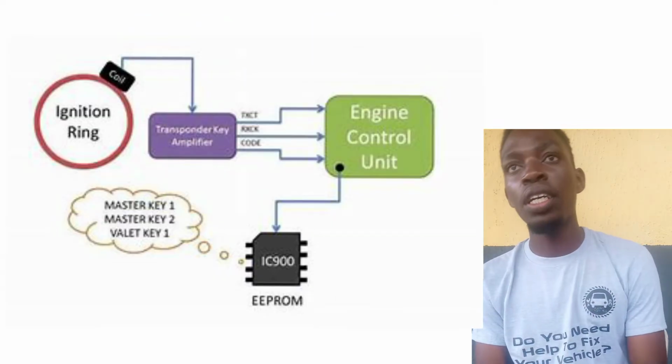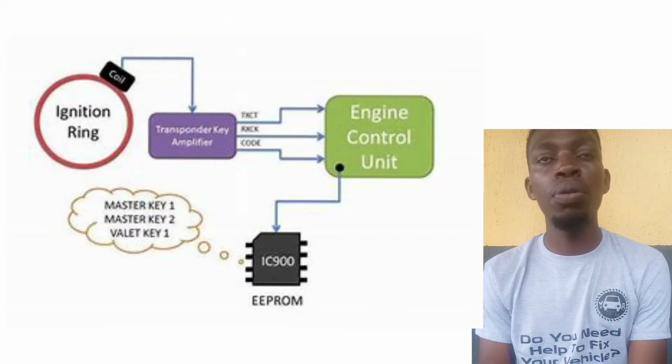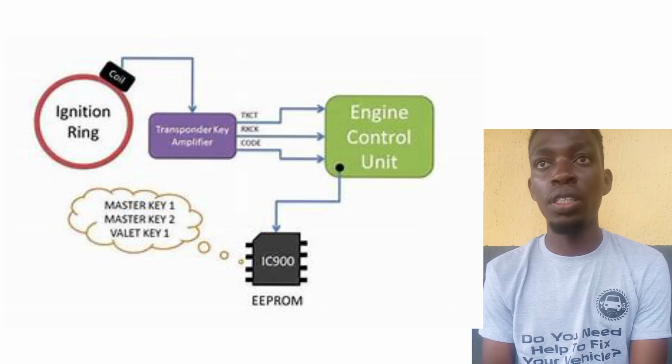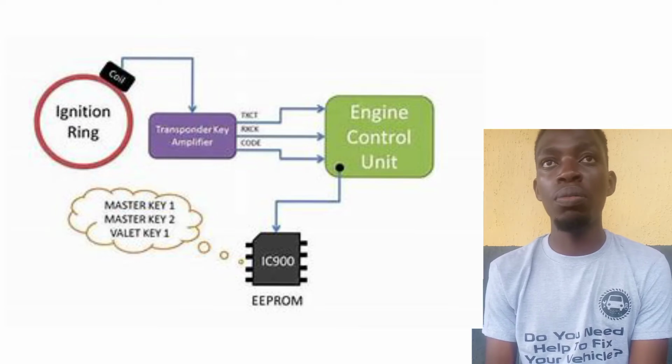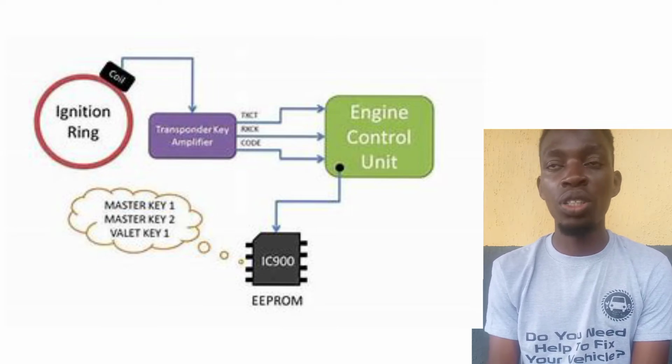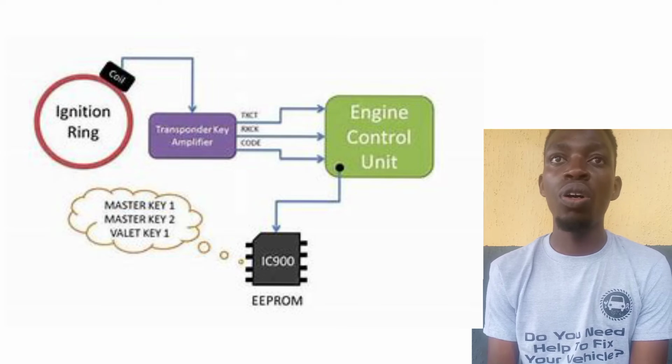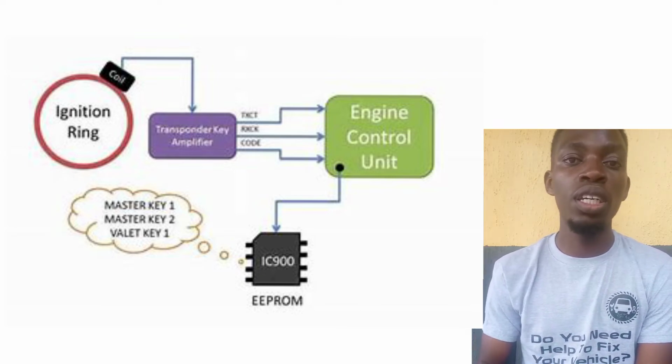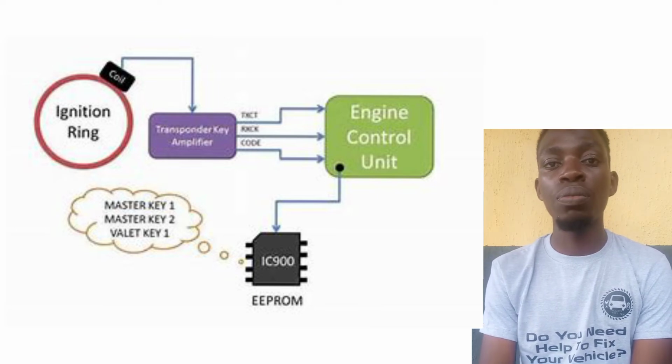Here is a ring, immobilizer ring or whatever, transponder ring, depending on the name the manufacturer uses, that collects that signal from the sensor, which is close to where you place the key.